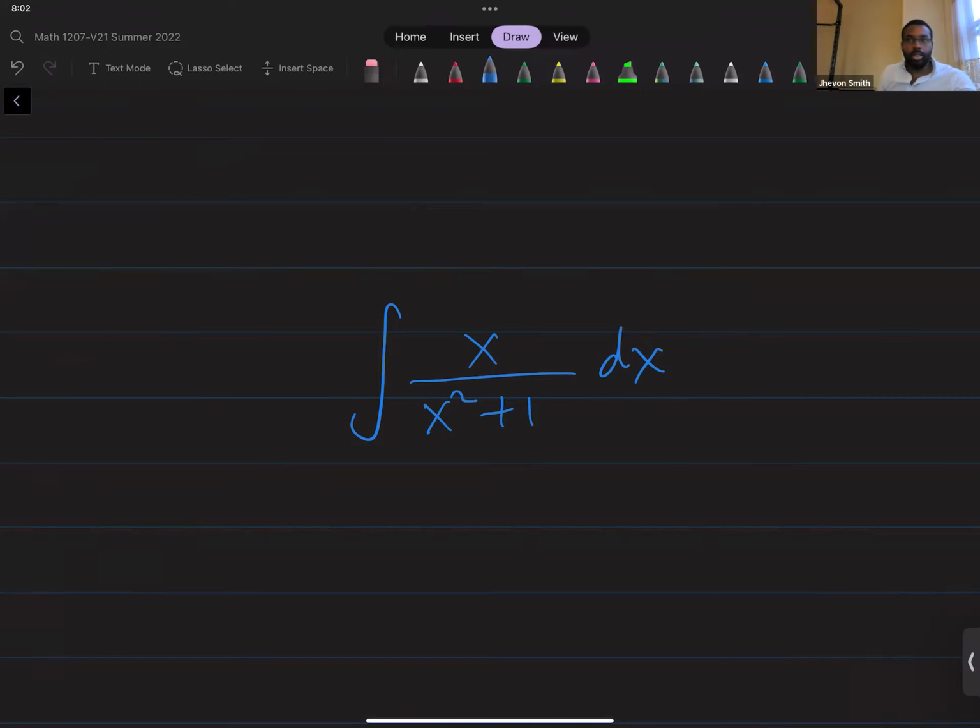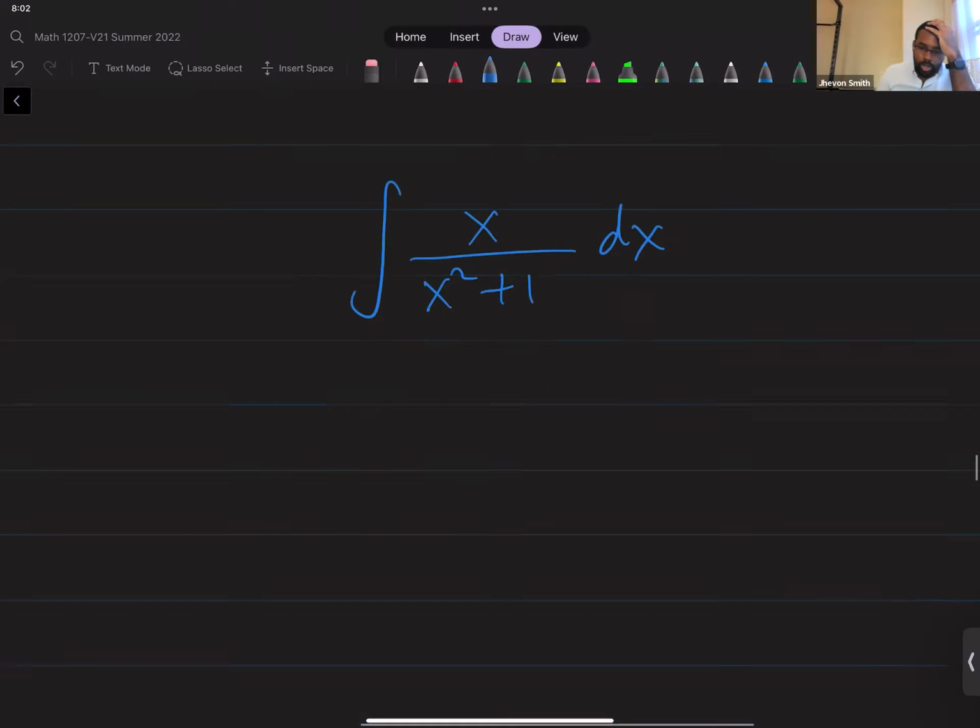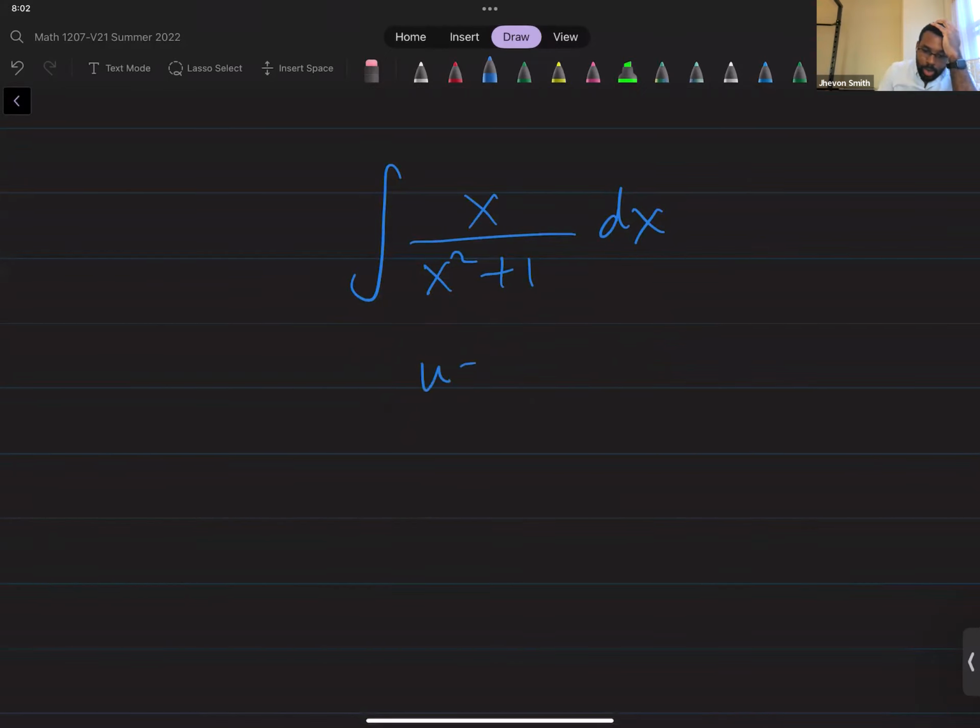Technically a trig sub can work, but it's not the best way to approach it. Can you just do another, not a u sub, but another substitution? A new variable, right? Do a substitution. So for this, you would substitute what?